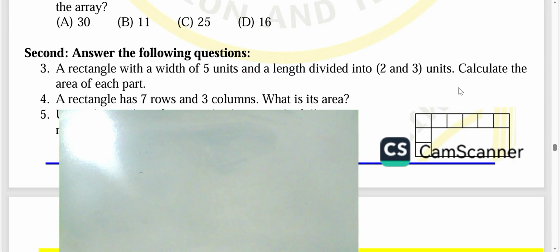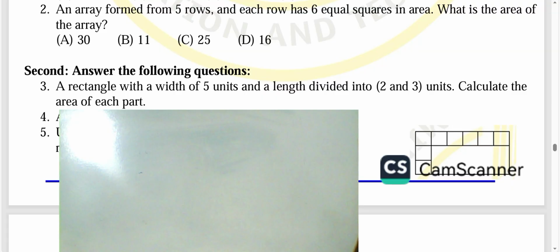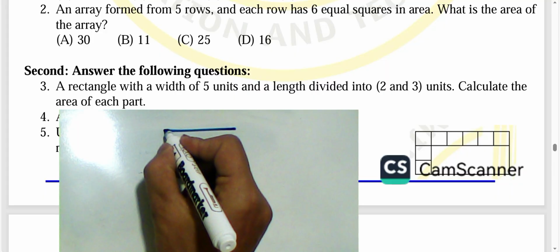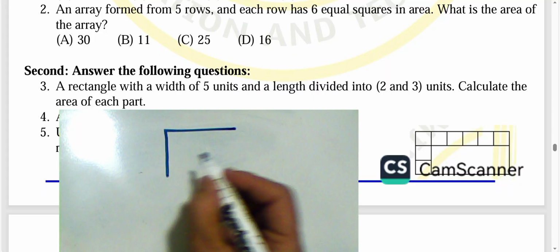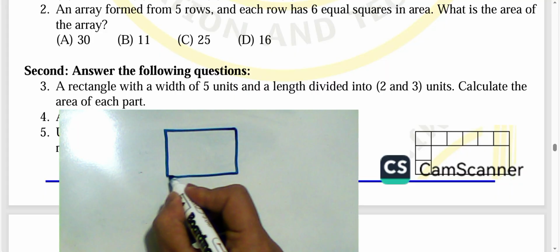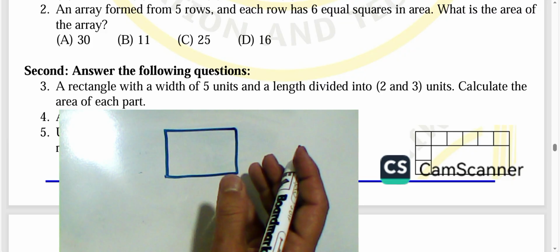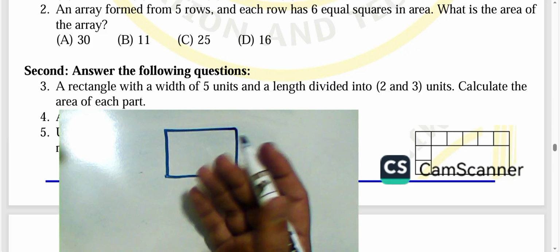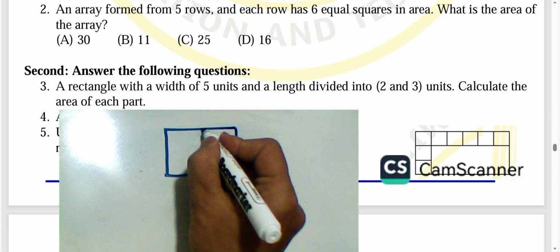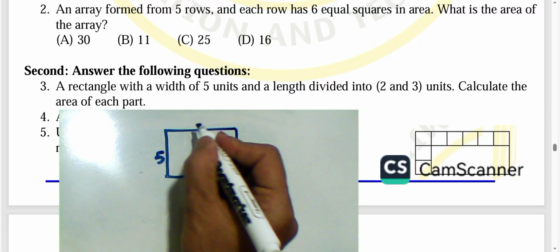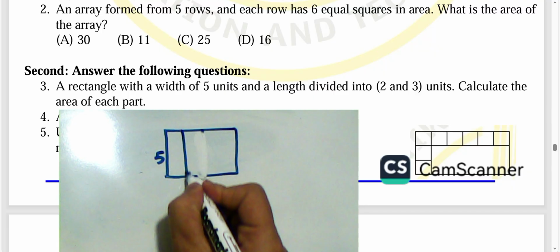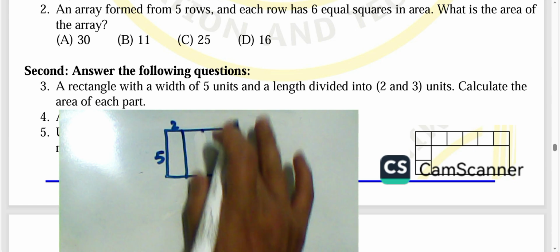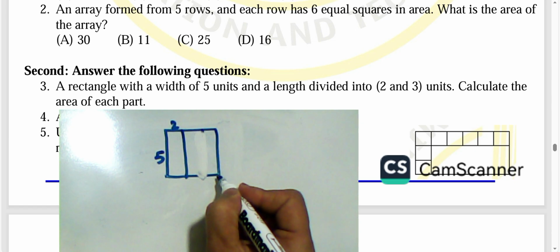Next question. A rectangle with width 5 units and length divided into 2 and 3 units. Calculate the area. We have here 2 dimensions, 5 and also 5, because the length is divided into 2 and 3. We convert from rectangle to square because the 2 dimensions are equal. Okay, this is 5 and this is divided into 2 parts, 2 and 3, like this.